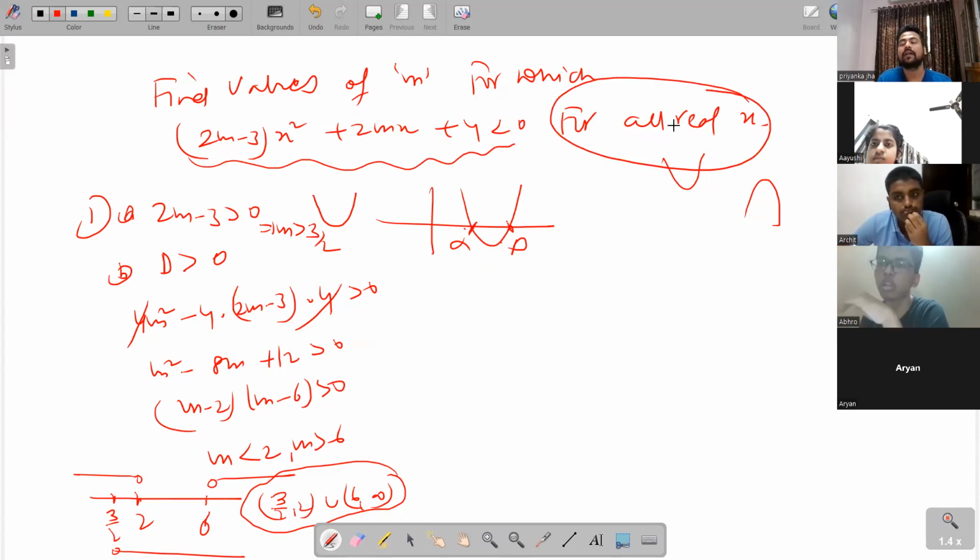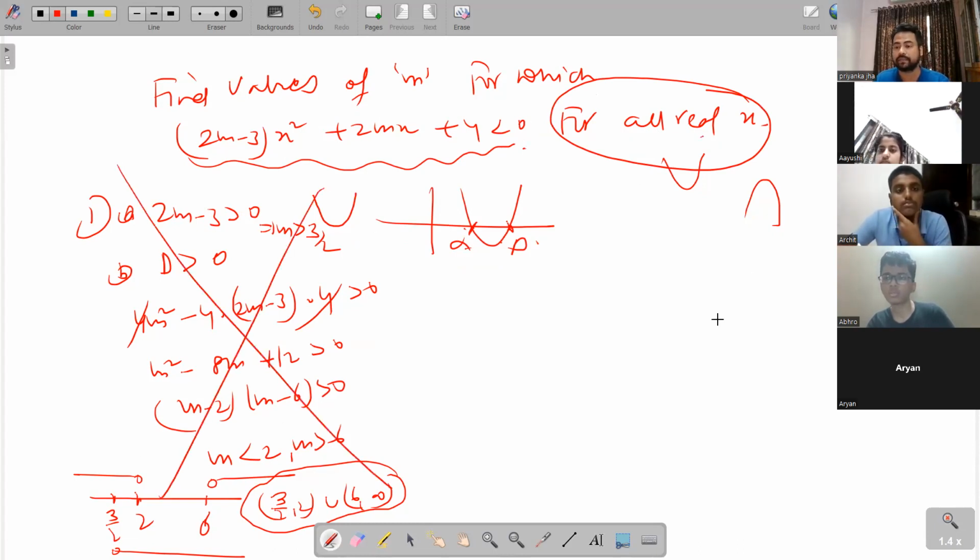So it will be concave downwards. But by mistake, I considered that if x lies between alpha and beta, the graph will be negative. But no, the question says that the graph has to be negative for all values of x. So the D greater than 0 condition is not valid here. D is less than 0.